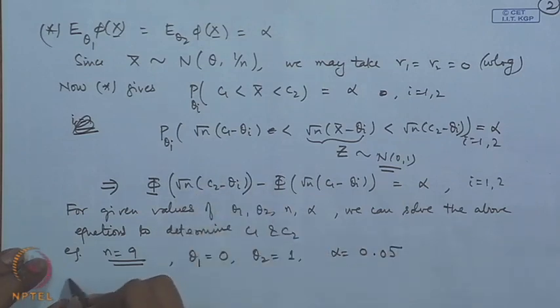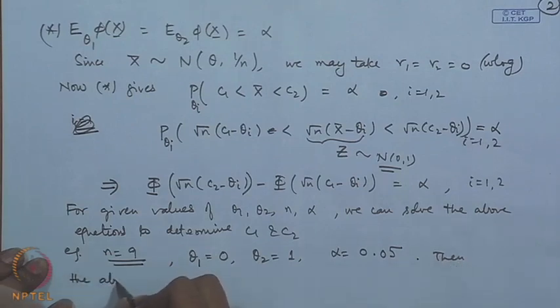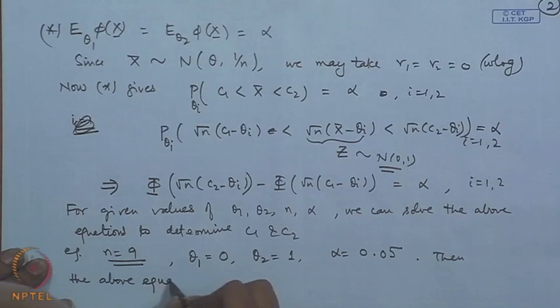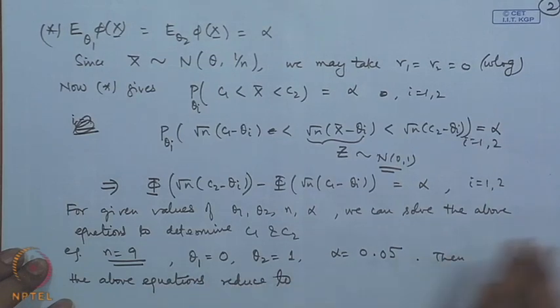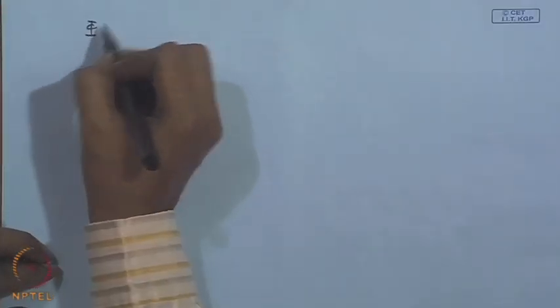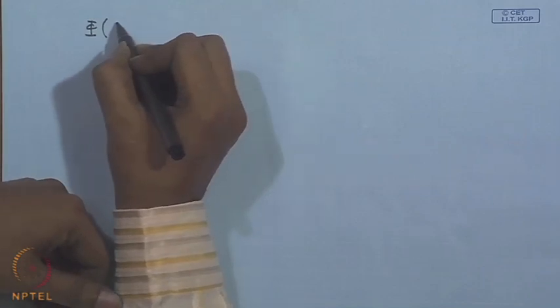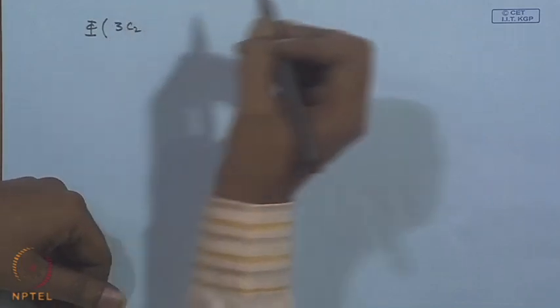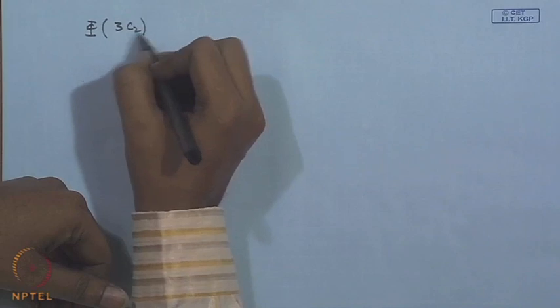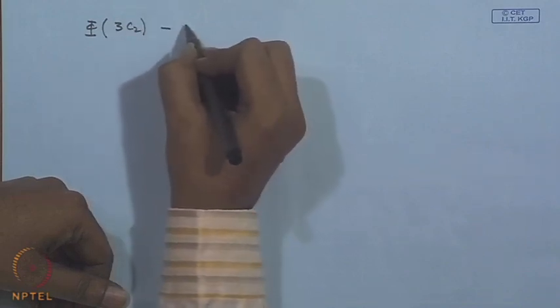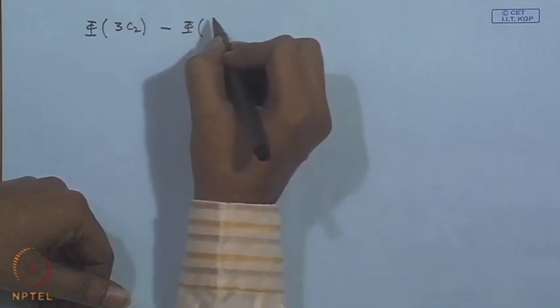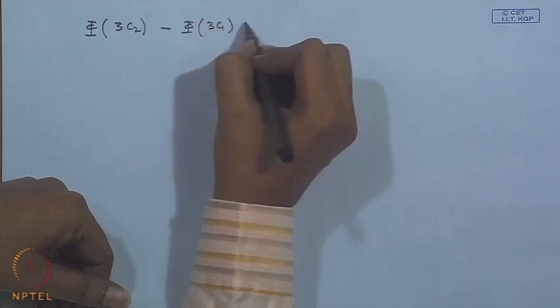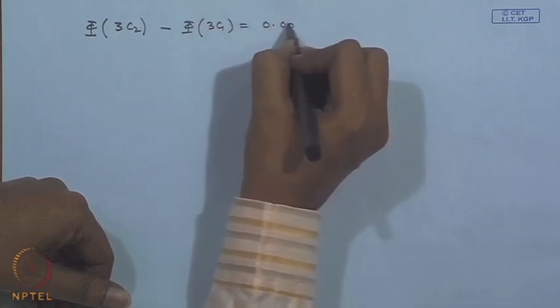Then what will be these equations? The above equations reduce to the following. The first equation: root n is 3, so with theta 1 equal to 0, it will be phi of 3 C2 minus phi of 3 C1 is equal to 0.05.